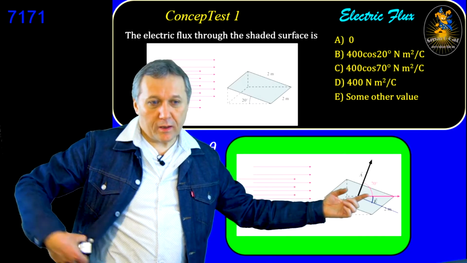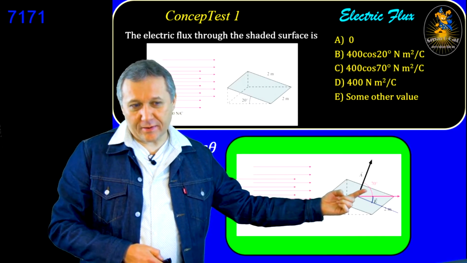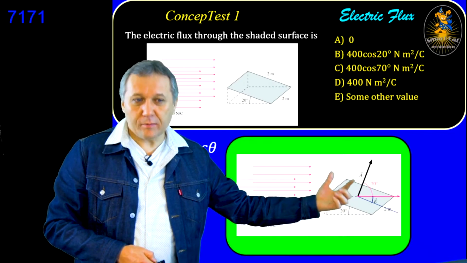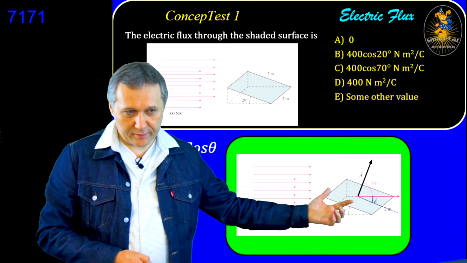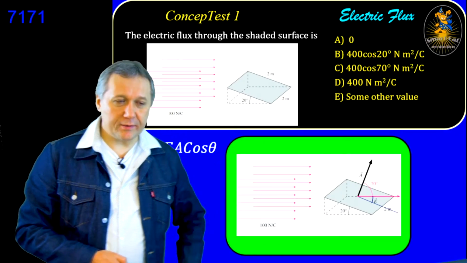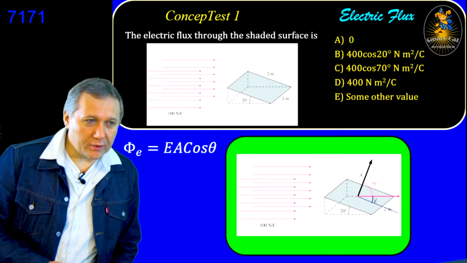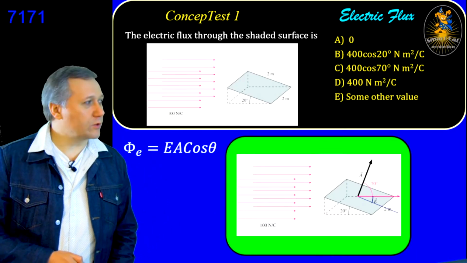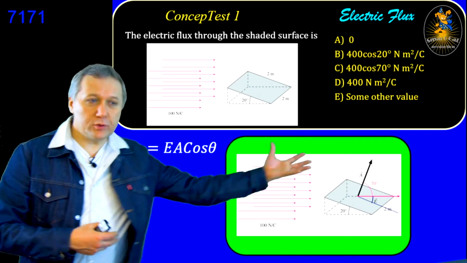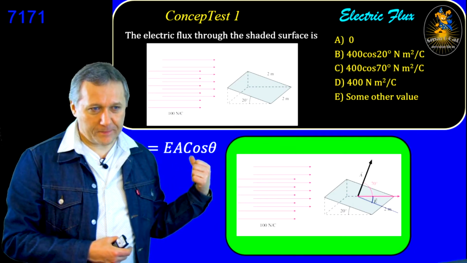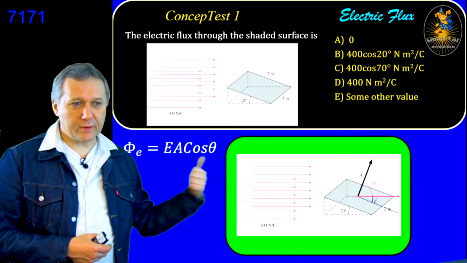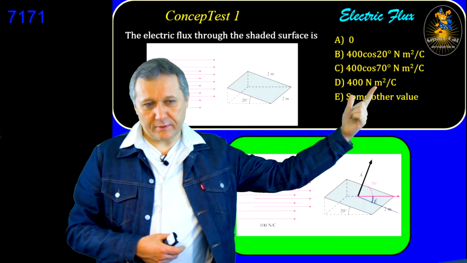So if this angle is 20, then that angle, the correct one, must be 70 degrees. So that 70 degrees angle must be used in this formula, right? So we will have here 400 and cosine of 70 degrees, right?